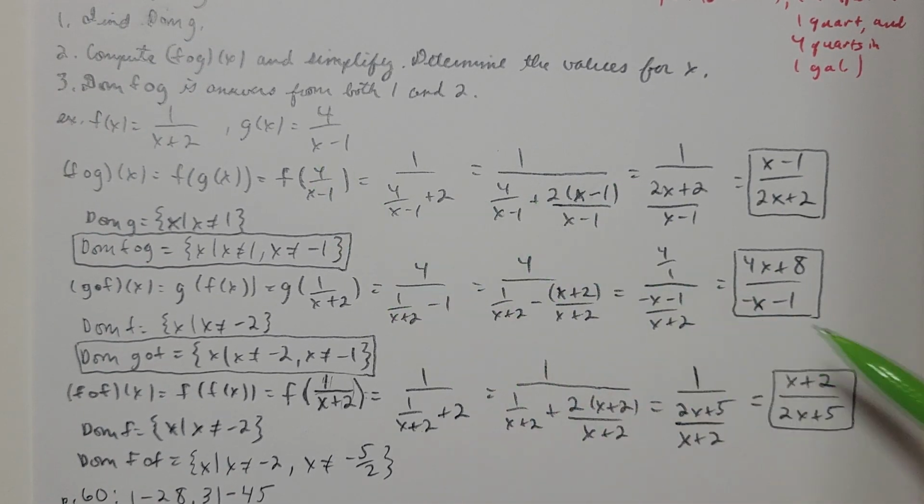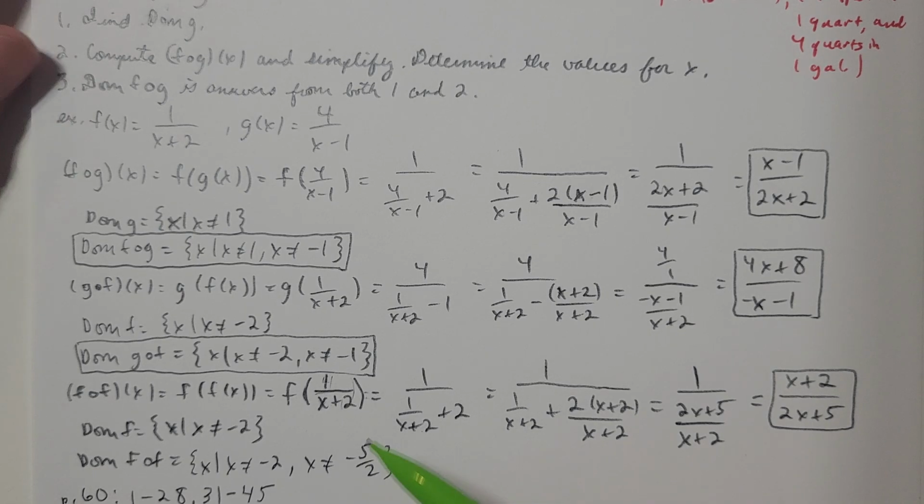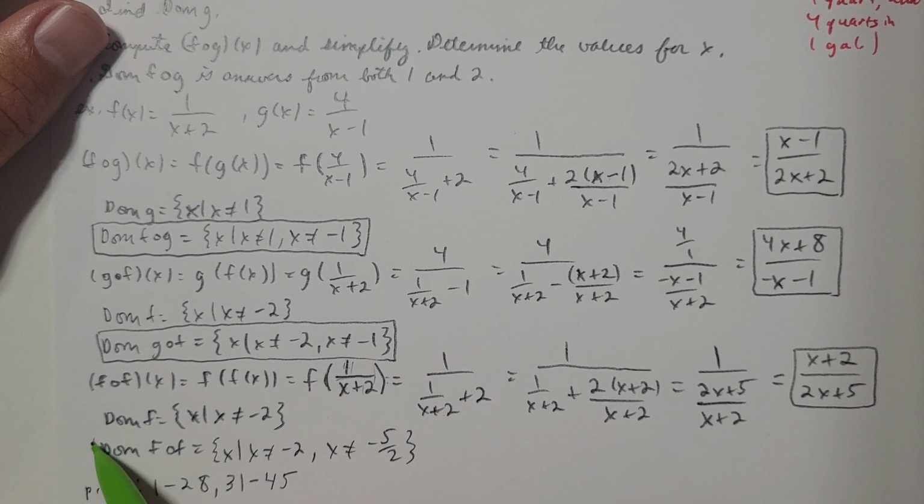Okay, I've simplified this. And if I set the denominator equal to 0, 2x plus 5 equals 0, I get x to be negative 5 halves. That's what I don't want, because I can't divide by 0. So all in all, x can't be negative 2, and x can't be negative 5 halves. Okay, that'd be the answer there.